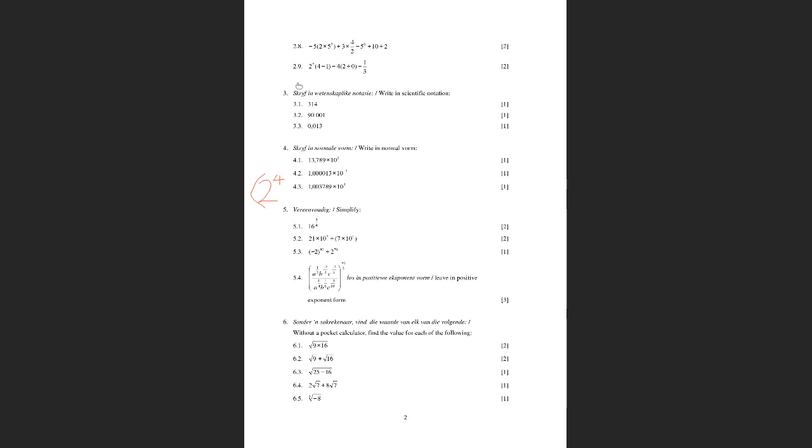Then here we have 3 over 4. Now this 4 can cancel this 4. We will be left with 2 exponent 3. Then we can be left with 8.